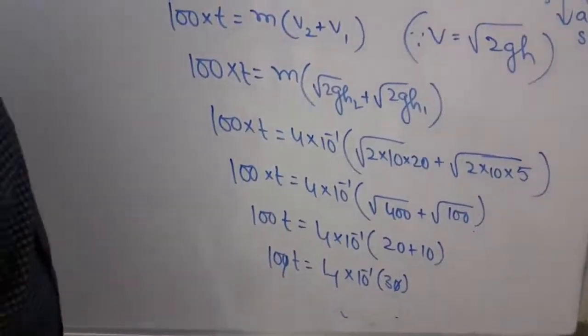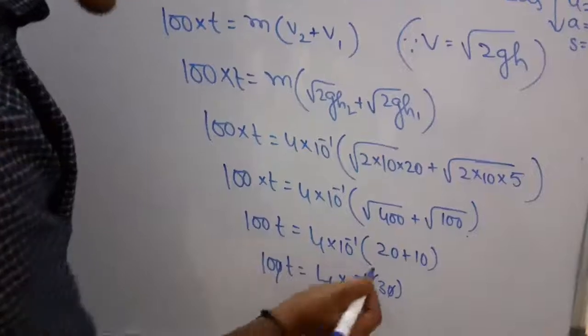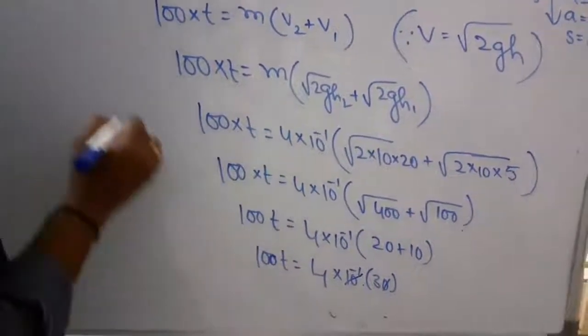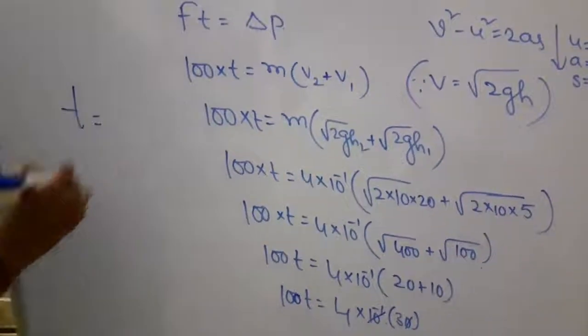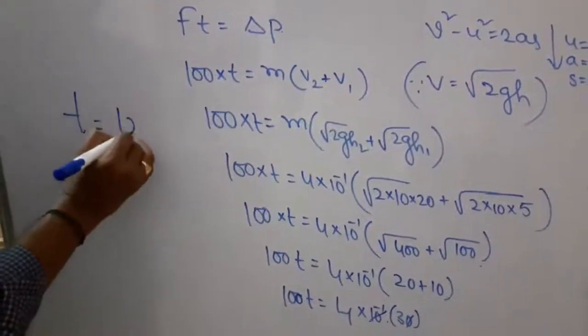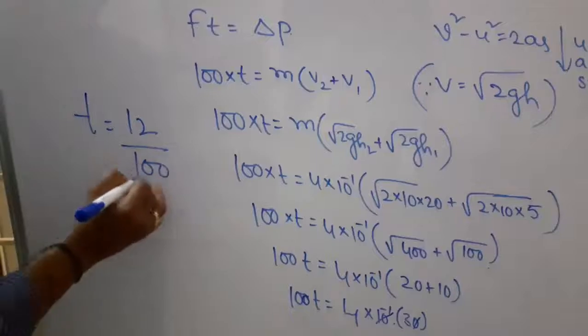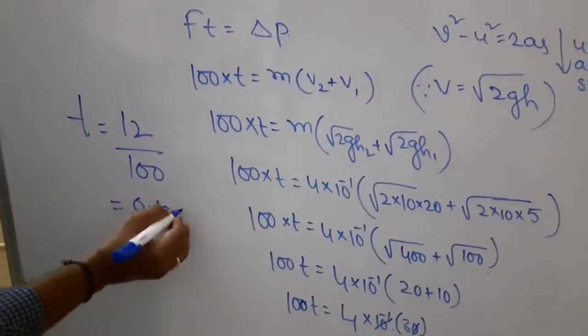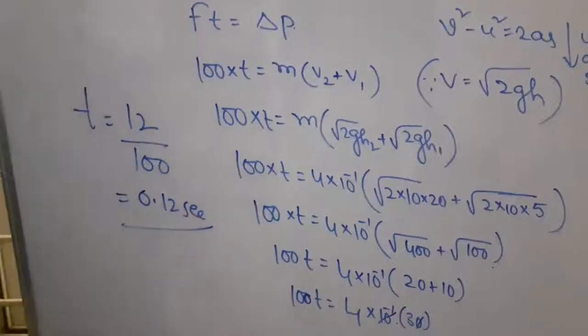So t is equal to 4 threes are 12 divided by 100, that is 0.12 seconds.